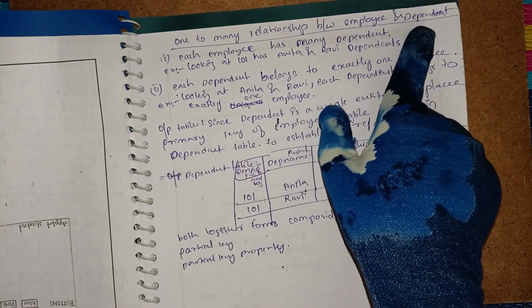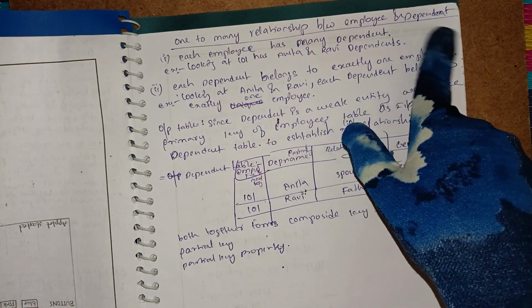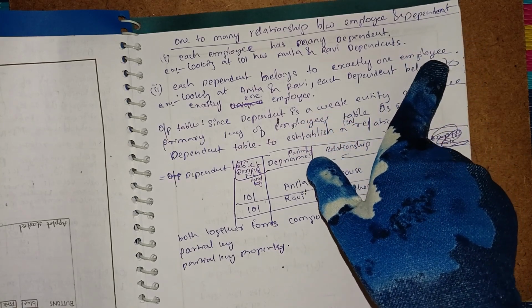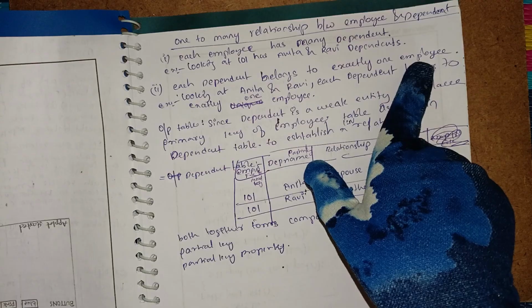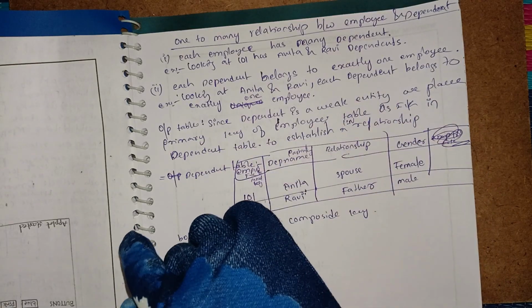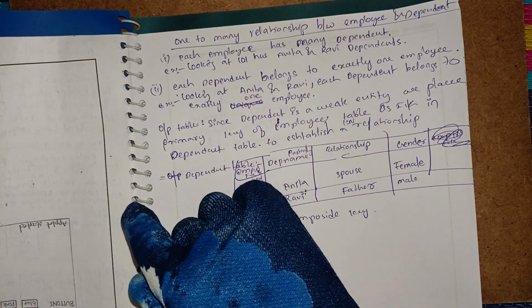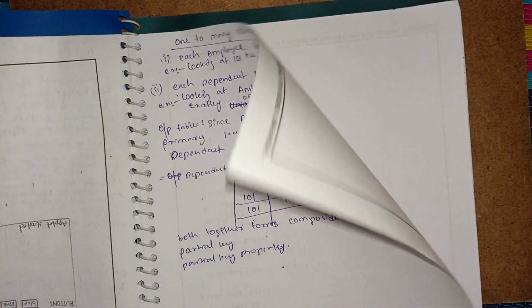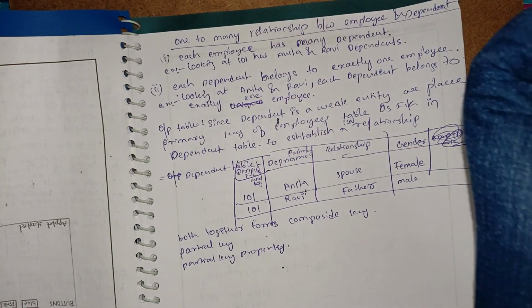Because this is a weak entity table, the weak entity table definition is that it contains a partial key.